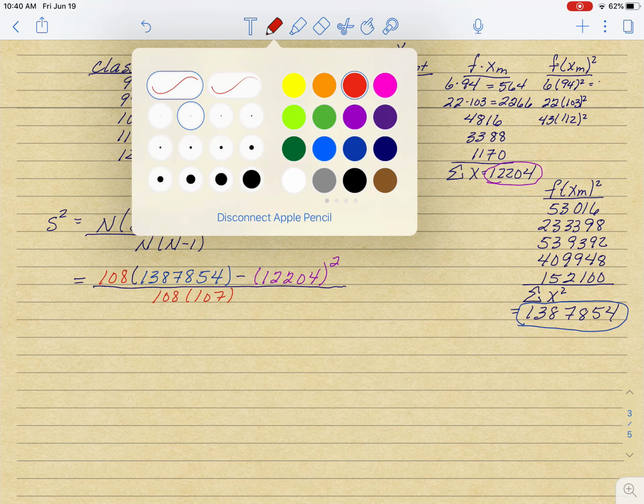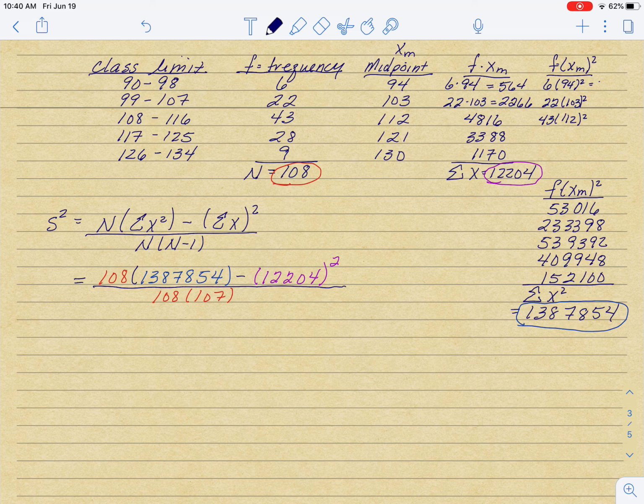Now we have to actually calculate this stuff. Okay, so let's see. 108 times 1387854 minus 12204 squared, divided by 108 times 107.